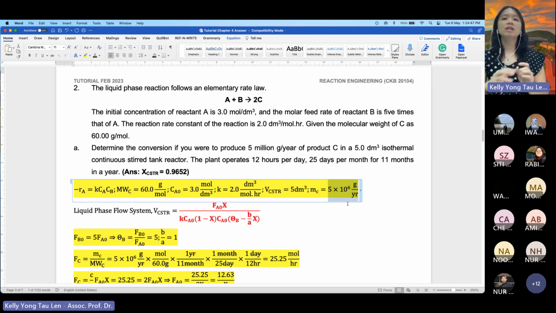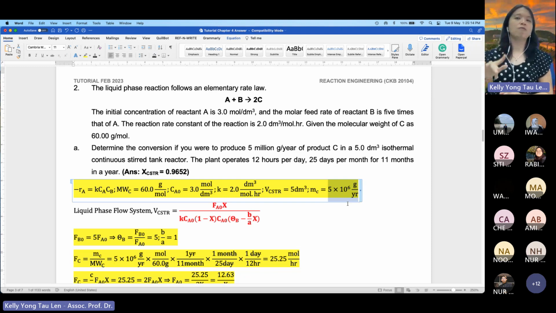Now of course kalau nak cari conversion, kita tahu volume, kita mestilah guna design equation dia. Okay, so you have to go back, check dalam list, apa equation yang memenuhi that 3 criteria again. CSTR, liquid phase, rate law minus rA equals to k CA CB. Kamu kena make sure equation yang kamu pilih tu fulfill all these 3.